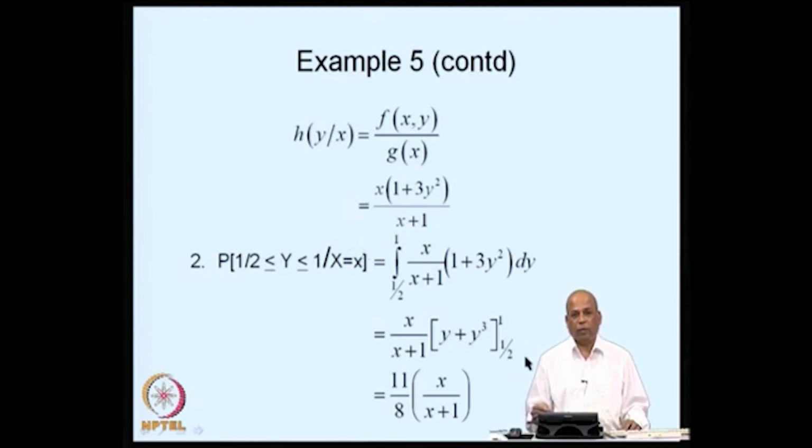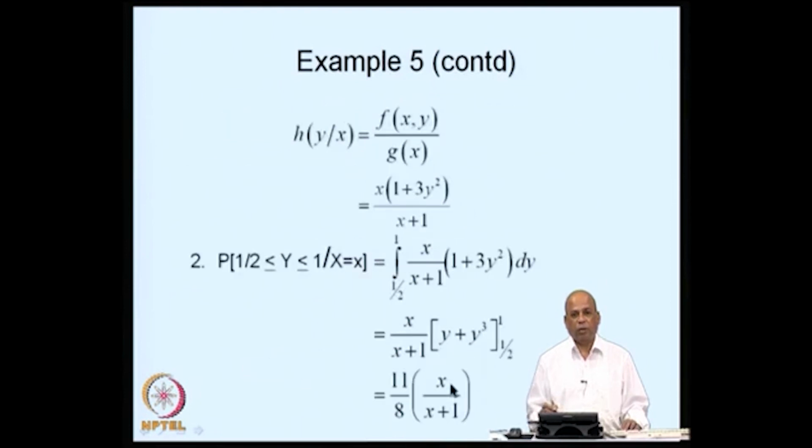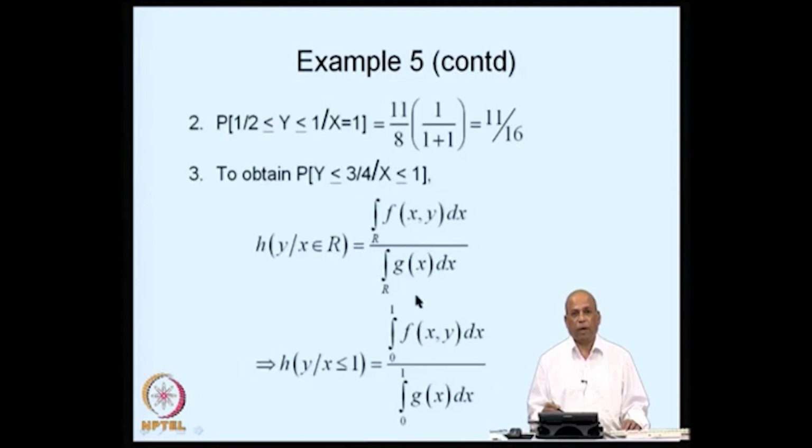So, this will be a function of x: 11 by 8 x divided by x plus 1. Now, we are interested in the probability that y lies in this particular region given that x takes on a value of 1. So, we substitute x equal to 1 and obtain the probability as 11 by 16.